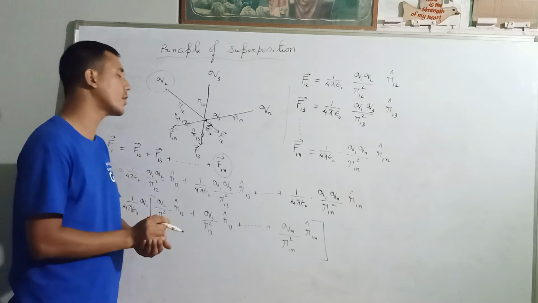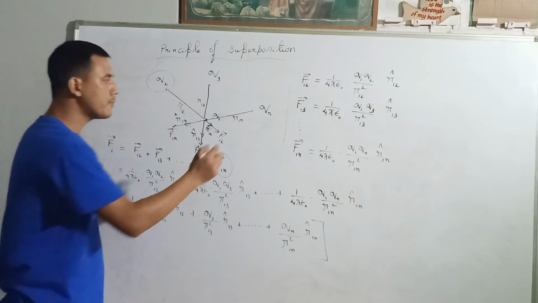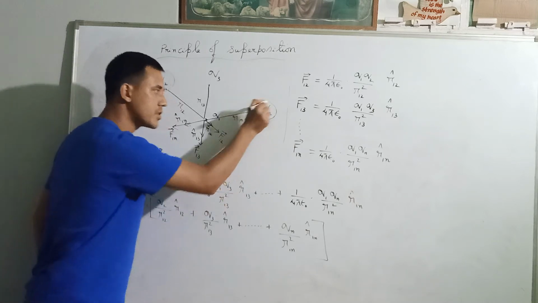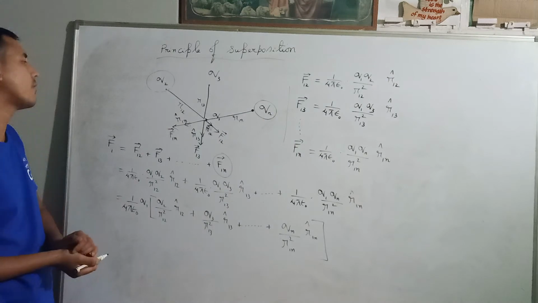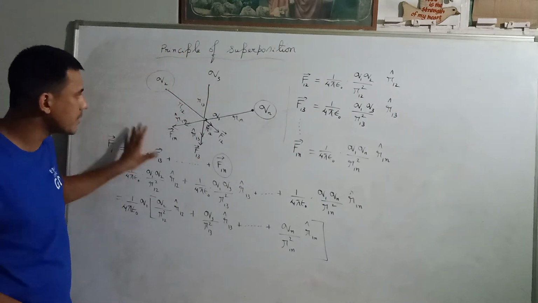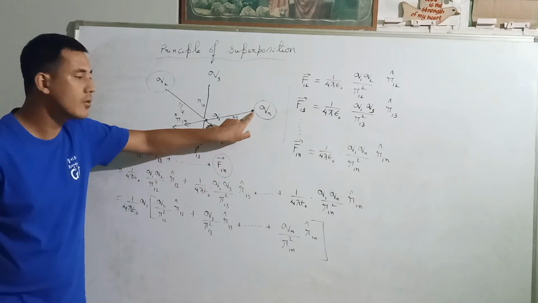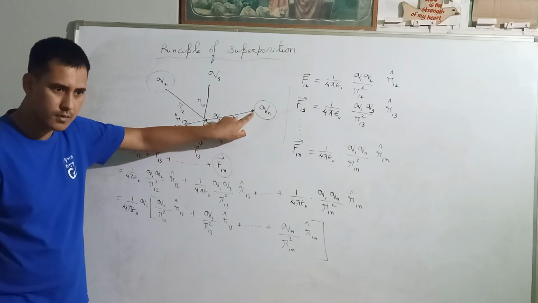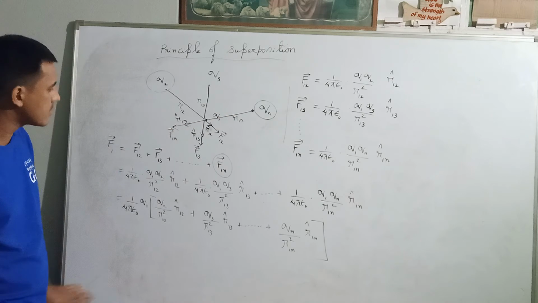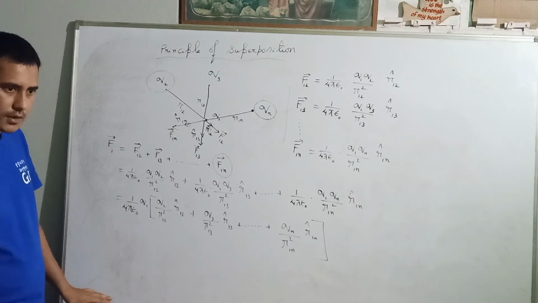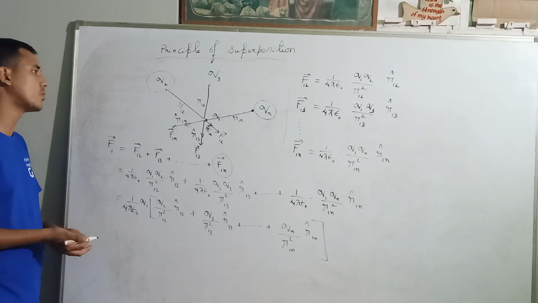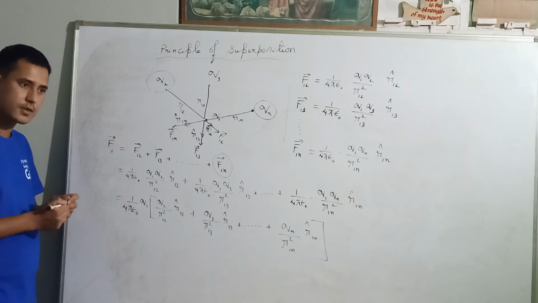Similarly, if you want to find out the resultant force acting on the nth charge, then you need to find out the vector sum of the forces due to all the other charges from 1 to n minus 1. So this is the resultant expression. This is known as your superposition principle.